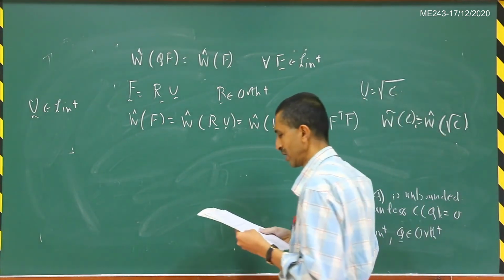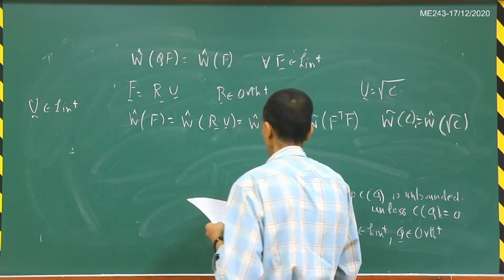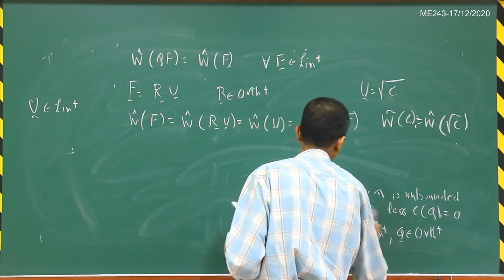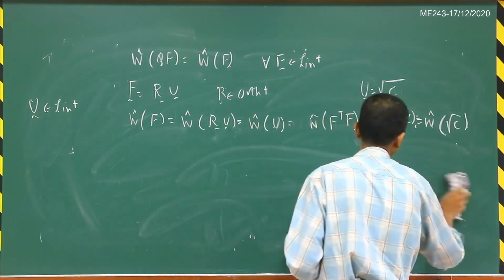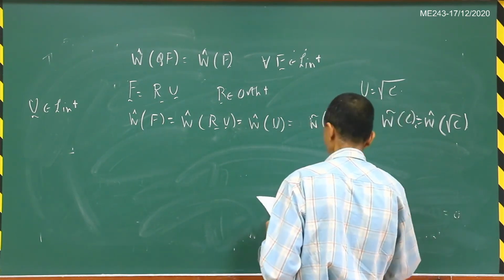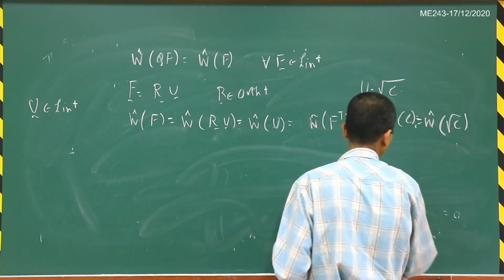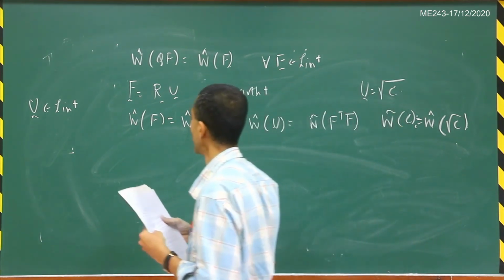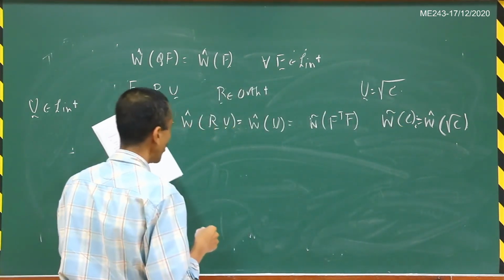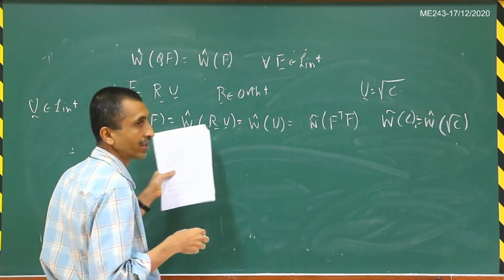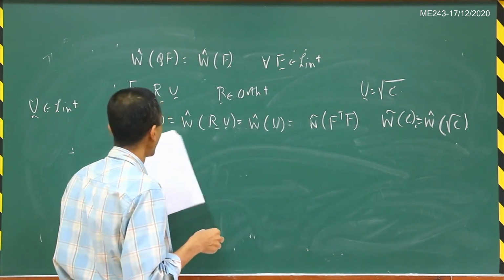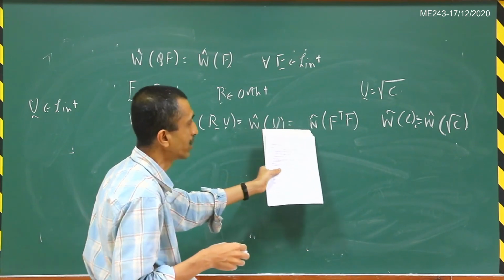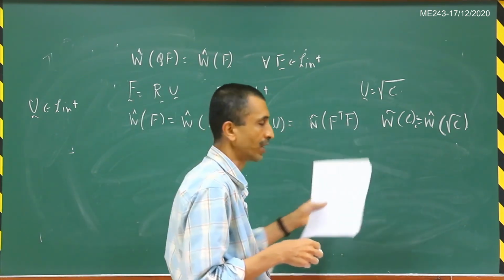Okay, and then the converse of this also we need to show. So what we have shown is that if the material is frame indifferent, then there exists a function w tilde such that w hat of f is equal to w tilde of the right Cauchy-Green strain tensor.